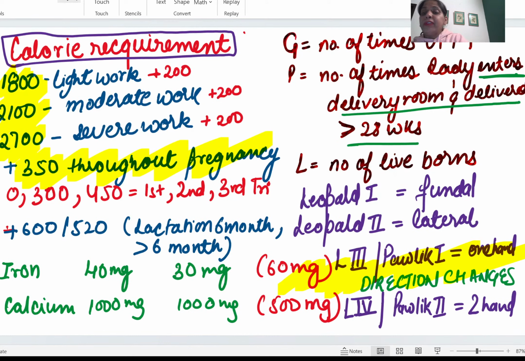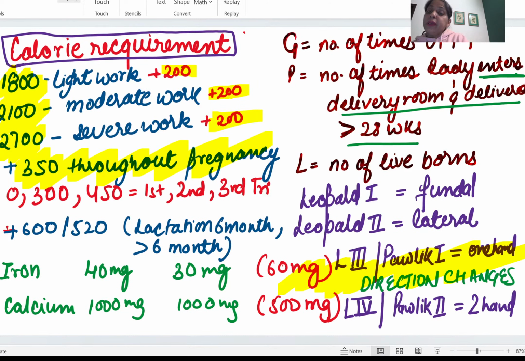As per Williams, for all of light work, moderate work and severe work, Williams has added plus 200 in each, and 0 calorie requirement in the first trimester, 300 in the second, and 450 in the third. So there is a slight variation, not much. But usually the questions asked till date were on the Indian requirements, Indian diet charts.